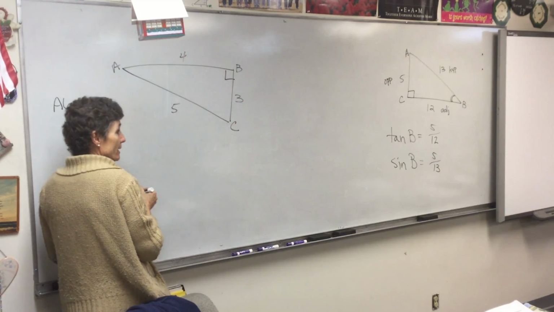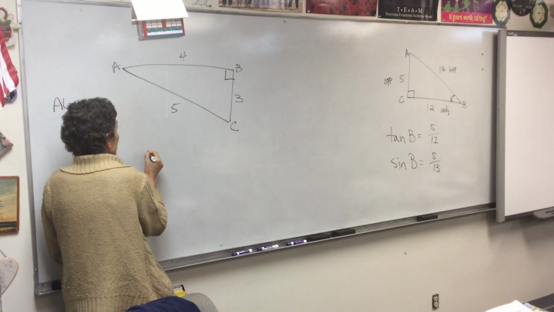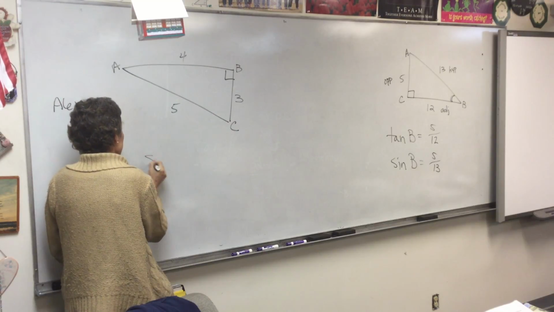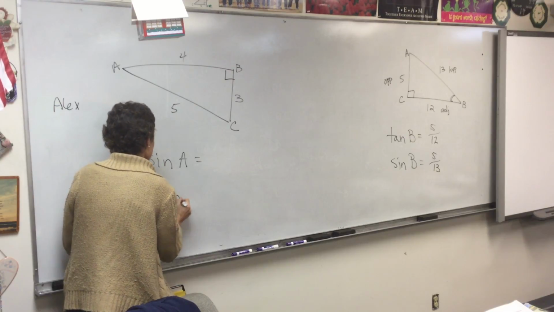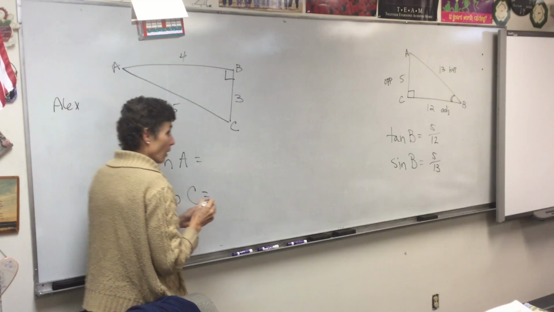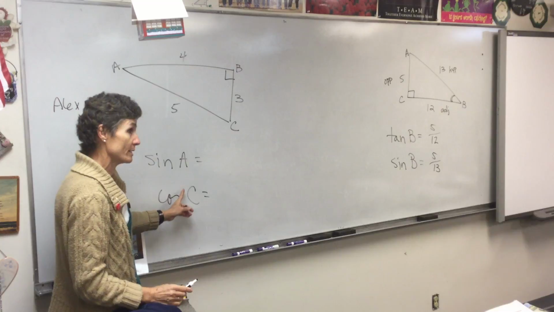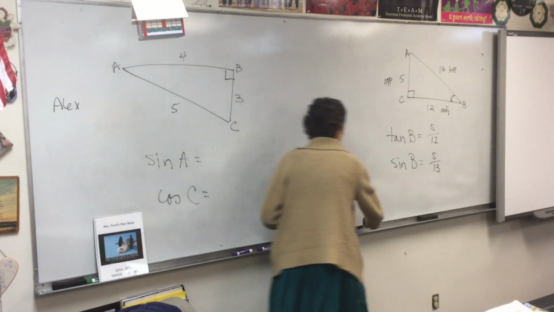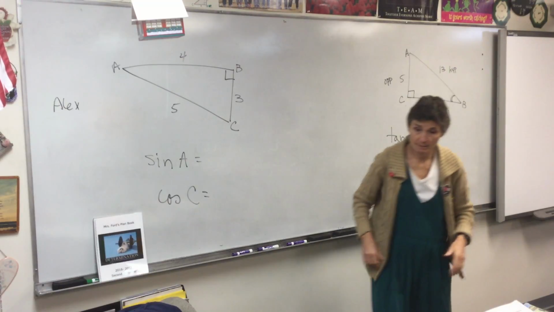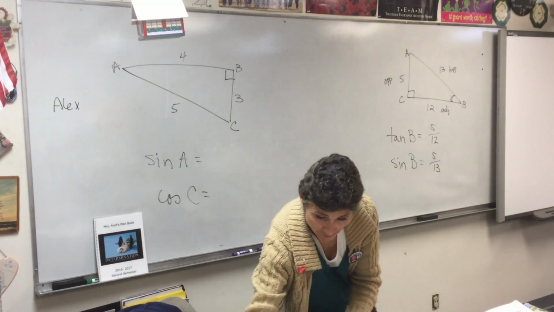Okay, so there's our triangle. While I'm taking attendance, I want you to find the sine of angle A and the cosine of angle C. Now watch it, because I got different angles going here. So you have to pay attention. See if you can do those two for me while I get my attendance figured out.